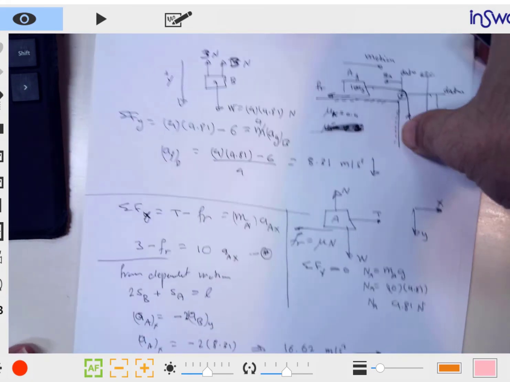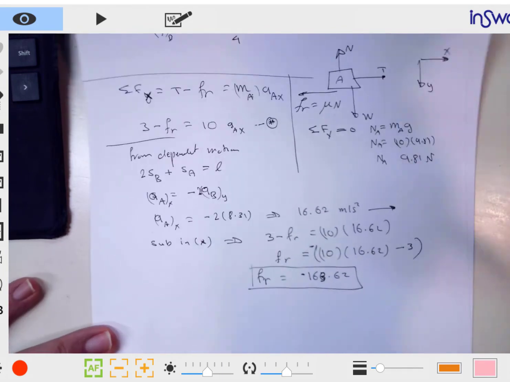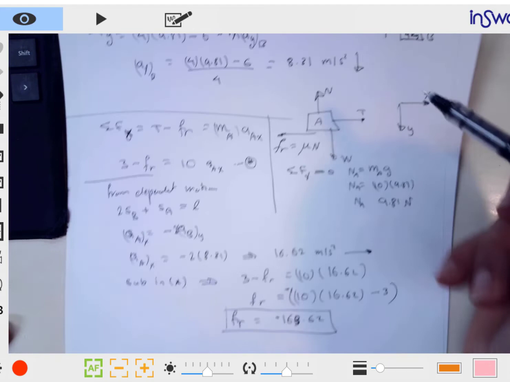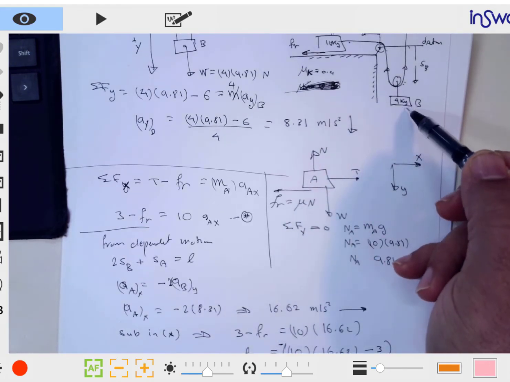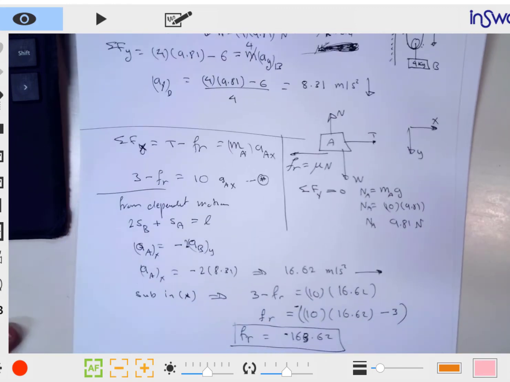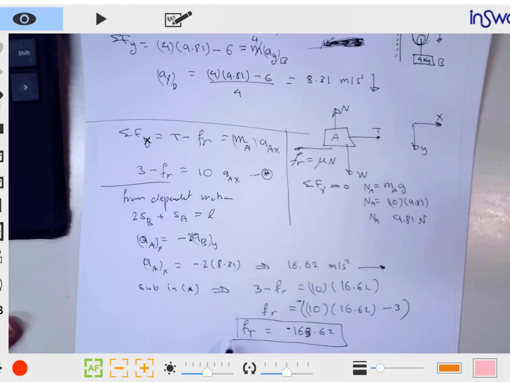Now, what I got when I analyzed based on the given information is that the friction is the opposite, meaning that this object wouldn't develop that tension without having an additional force pushing the object A to the right. This is the mathematical solution, which is physically impossible.